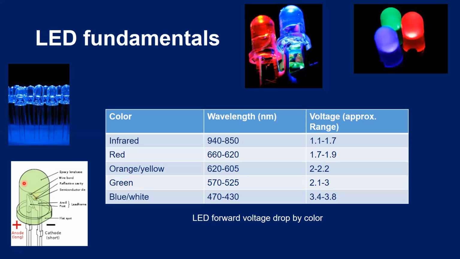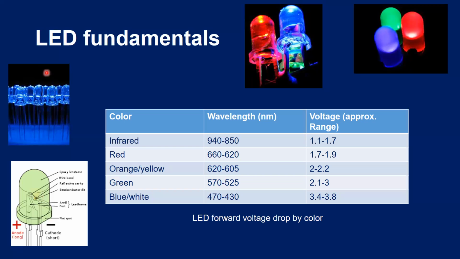So for example, this glass cover that looks like epoxy is the case. Then there is a wire bond that is shown right here. And here is the semiconductor die, which actually is responsible for the operation.